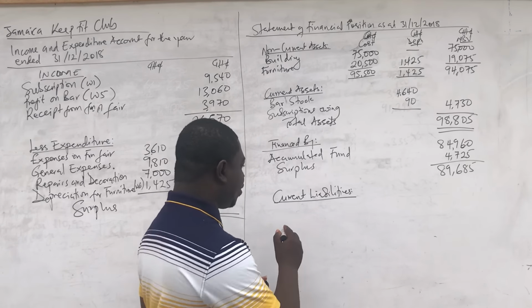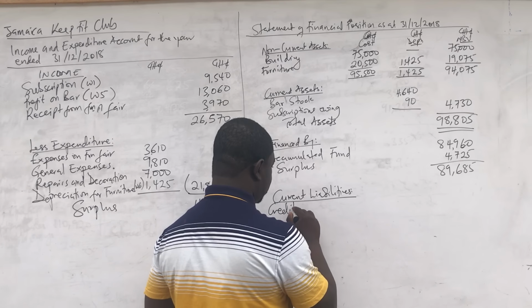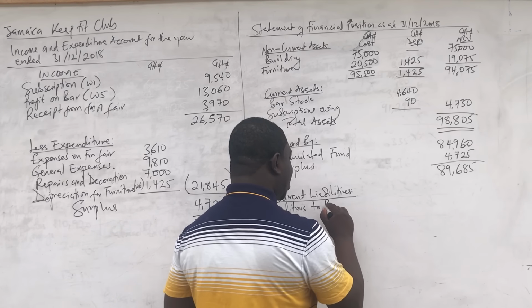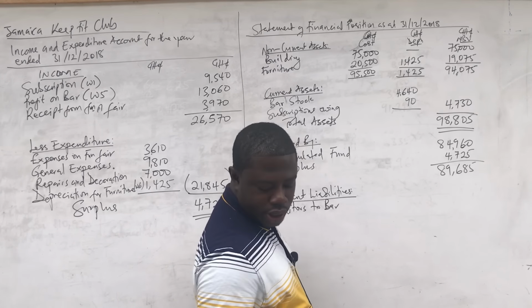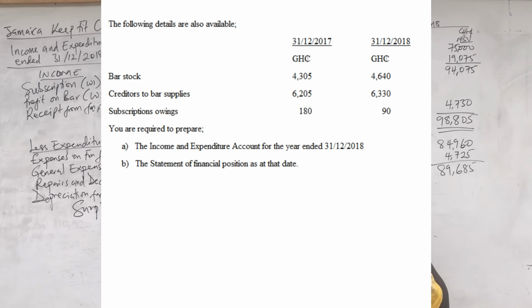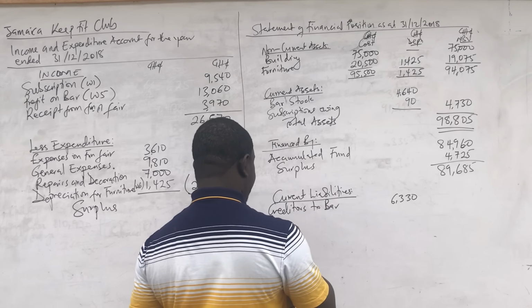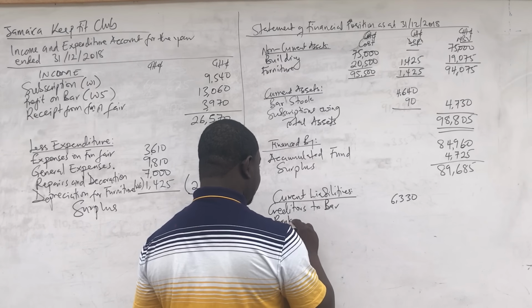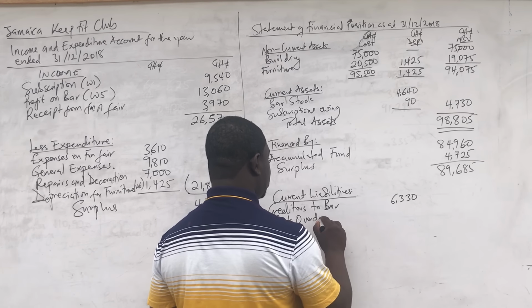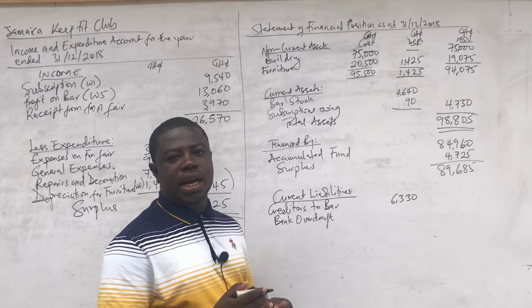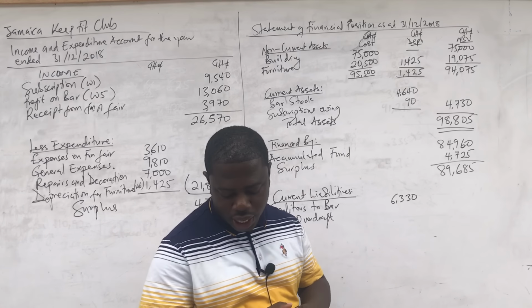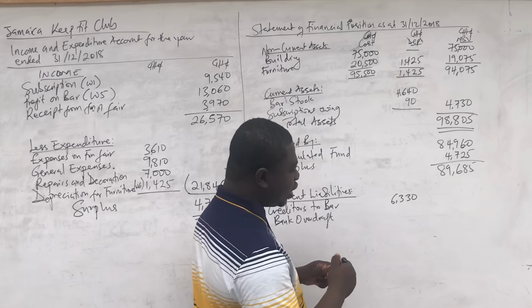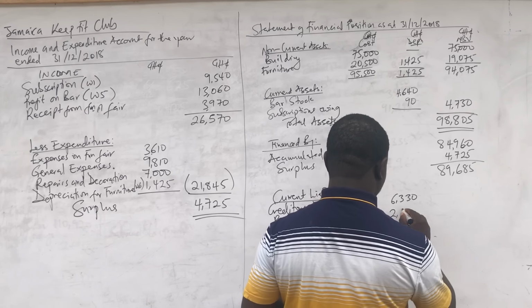So we have the creditors to bar. The closing balances is what we are bringing. So the creditors to bar, the closing balance is 6,330. And then we have the bank overdraft. When we prepare the bank account, the overdraft that we had at the end is 2,685, if you remember.